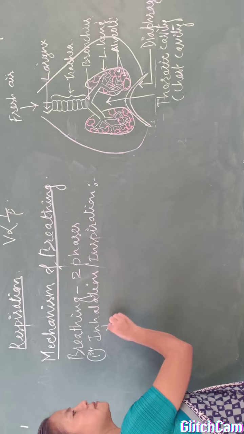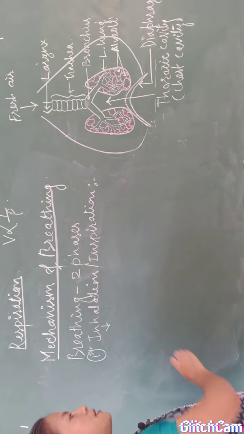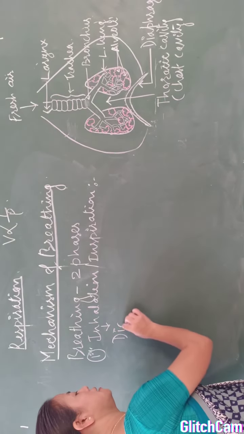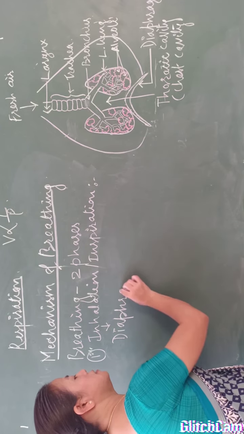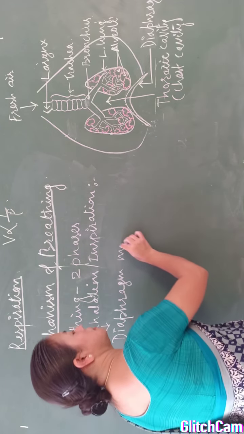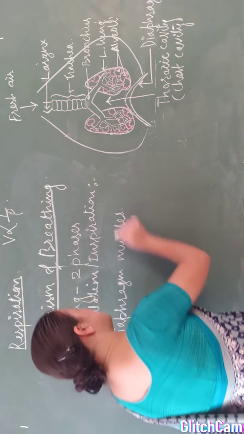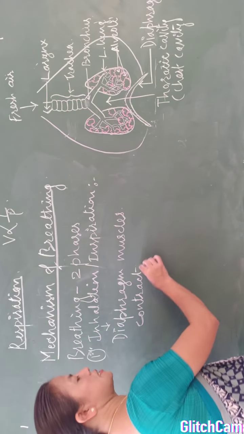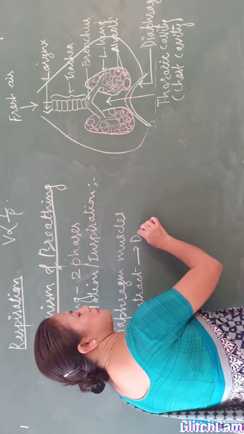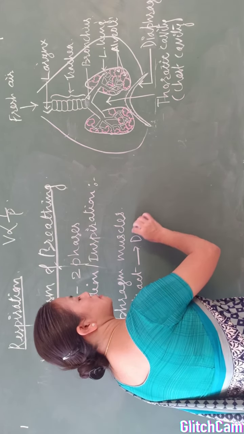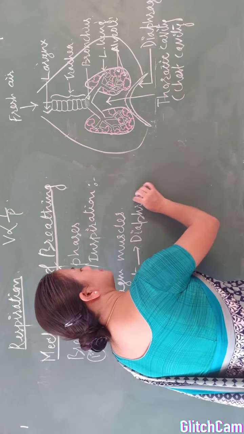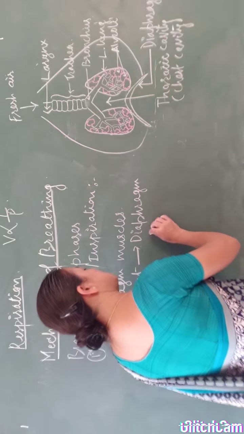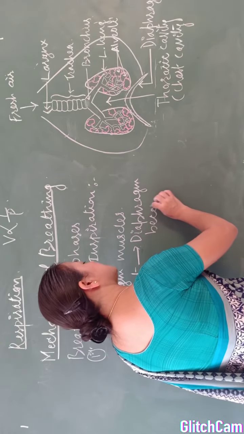During inhalation, diaphragm muscles contract. When the diaphragm muscles contract, what happens? The diaphragm becomes flat.